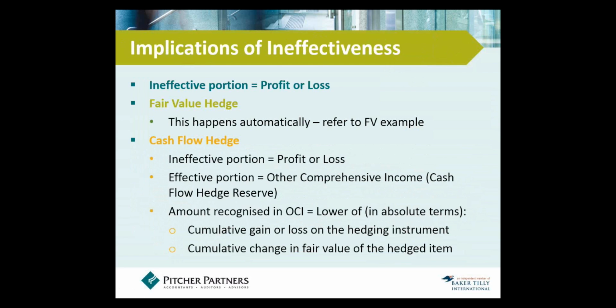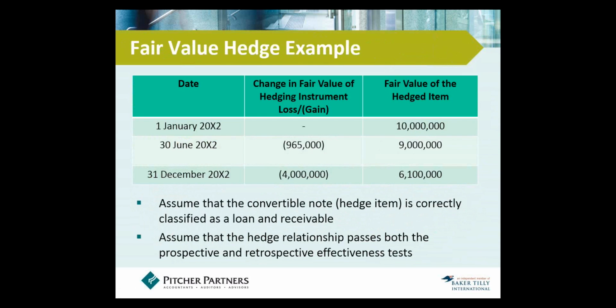So the lower of those two amounts ends up in other comprehensive income, and the rest is ineffective and it will go to profit or loss. So for a fair value hedge, the ineffective portion would automatically end up in profit and loss. For a cash flow hedge, we have to do this calculation, and we have to process the specific journals.